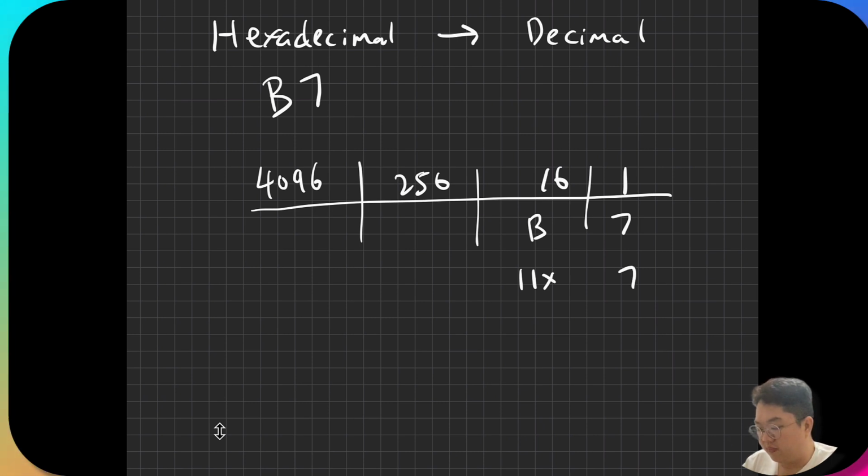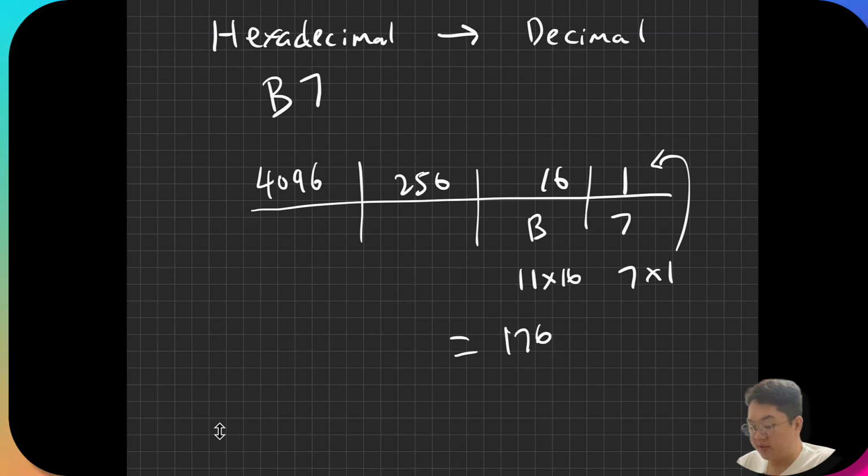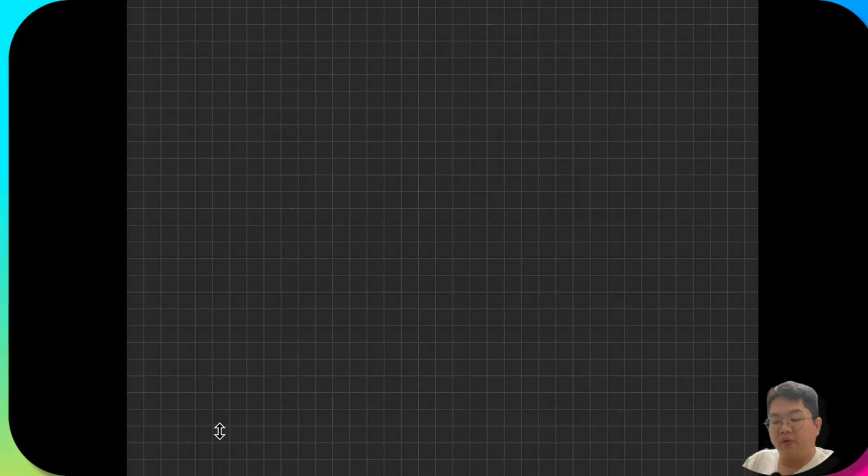So 11 multiplied by 16, and 7 multiplied by 1, according to the top of the table. 11 multiplied by 16 will be 176, and of course this is simply 7. Add them together, and this will be 183.